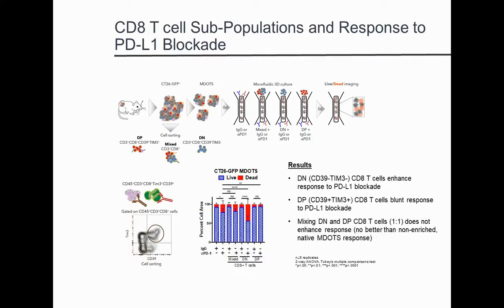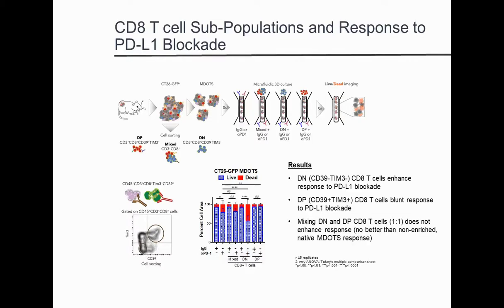If instead we add the double negative or CD8 good guy T-cells, all of a sudden we are able to really improve upon the immune-mediated killing in response to PD-1 blockade. Importantly, these cells are not actually killing the tumor cells in the absence of PD-1 blockade. So simply enriching for CD8 T-cells on its own is not doing anything to the tumor.